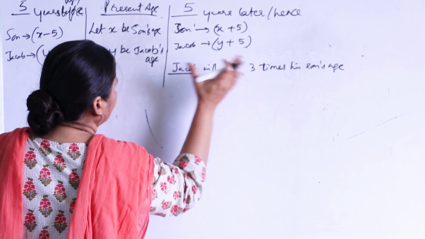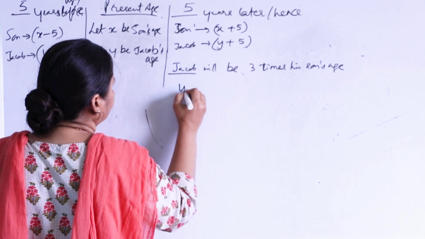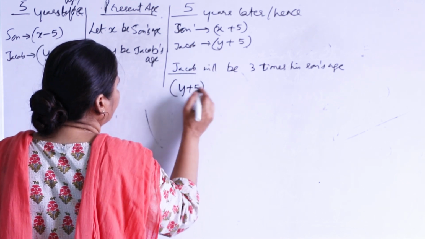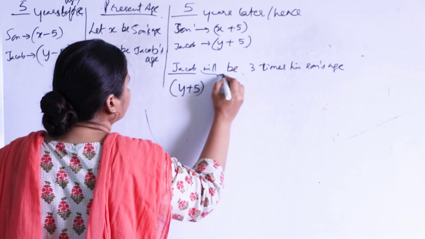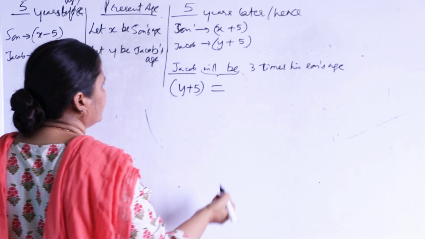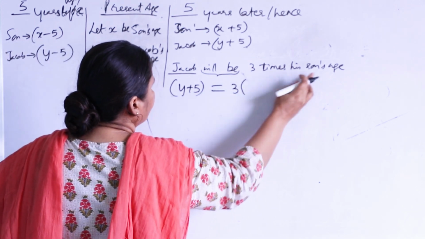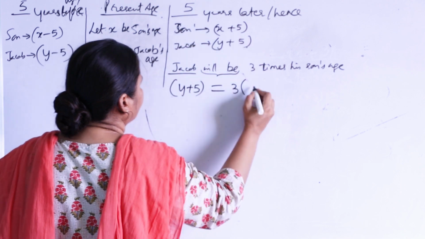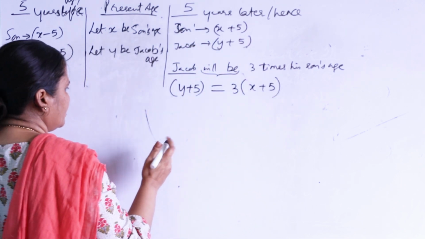Jacob's age, Y plus 5, will be, everything is an equal sign in mathematics, 3 times. What is son's age? X plus 5. You will get one equation.